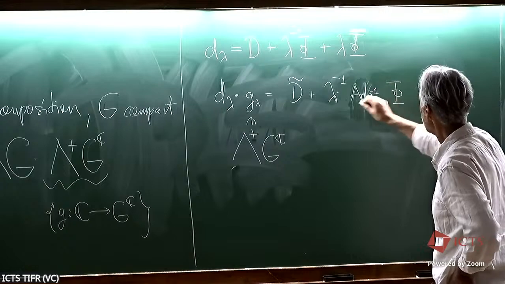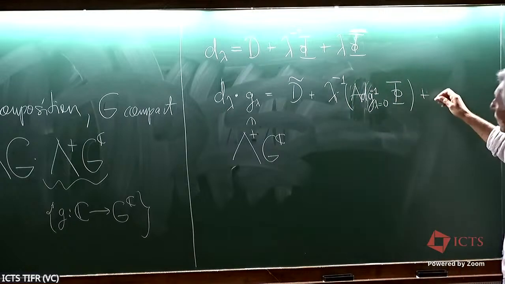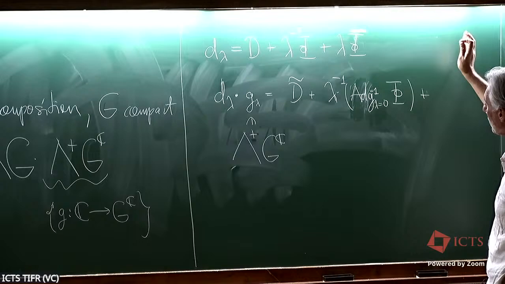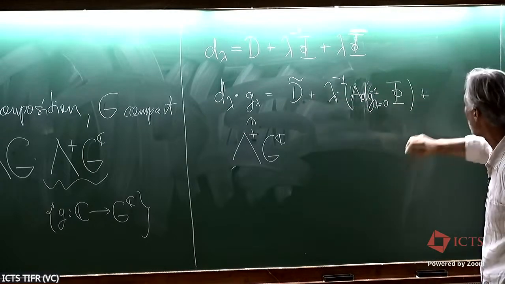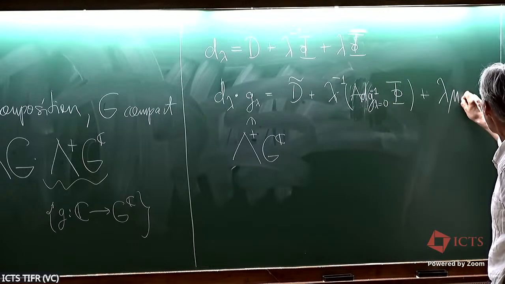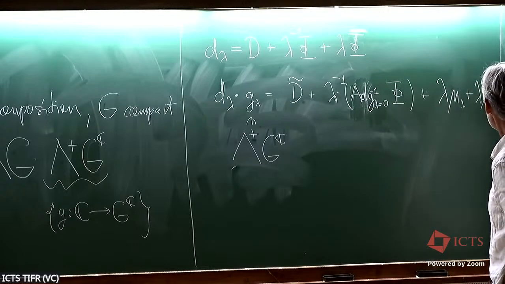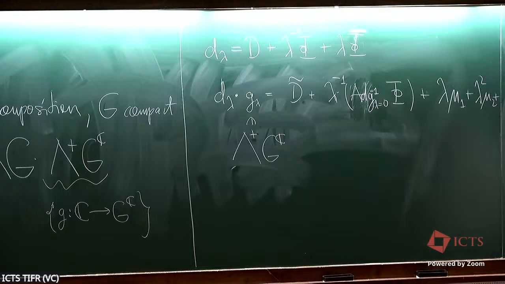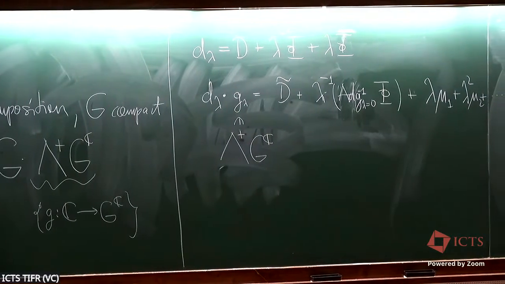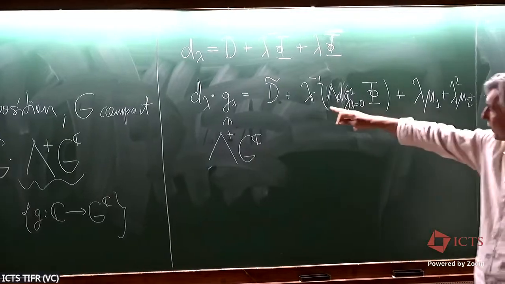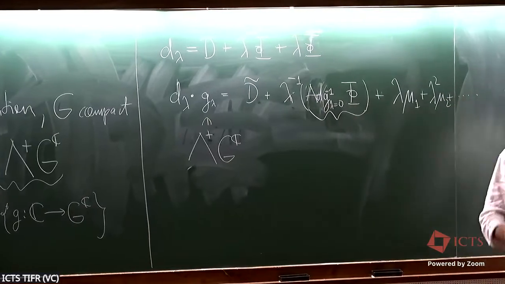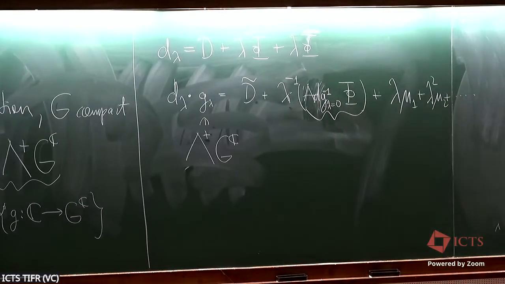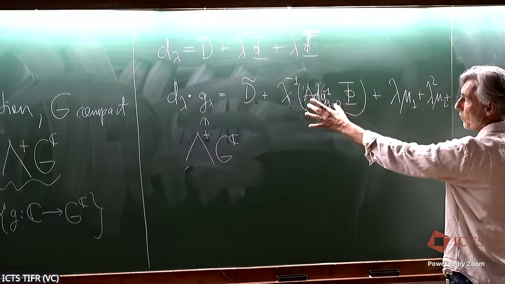Then you get higher order terms, so you get lambda inverse, maybe another constant term, and then lambda times mu1, plus lambda squared mu2, and so on. So any gauge by a positive element preserves the simple pole at lambda equals 0, but the residue changes. The residue changes by conjugation by an element in my complex group G, evaluated at lambda equals 0, so this is just an element in the group.